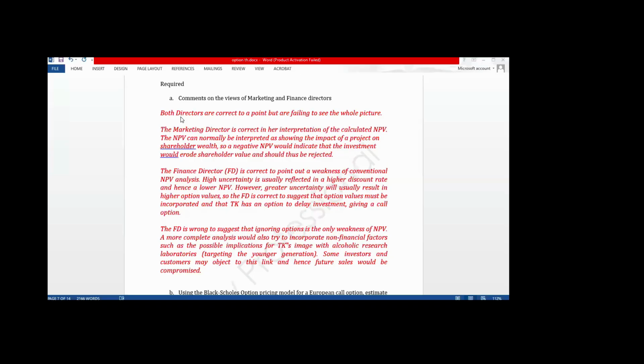The finance director has said that, look, we should not reject the project. The view of the finance director is that we should not reject this project just because the project shows a negative net present value. Rather, we should try to value the financial flexibility.